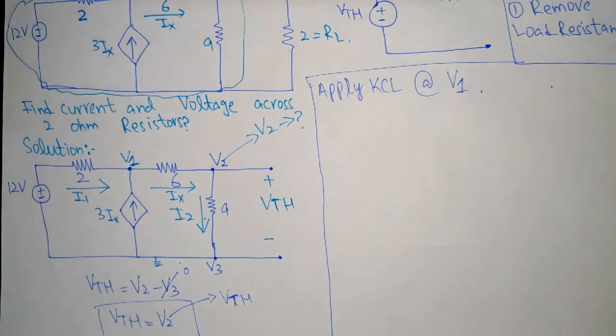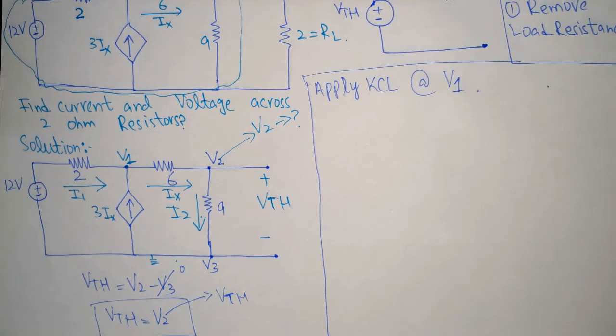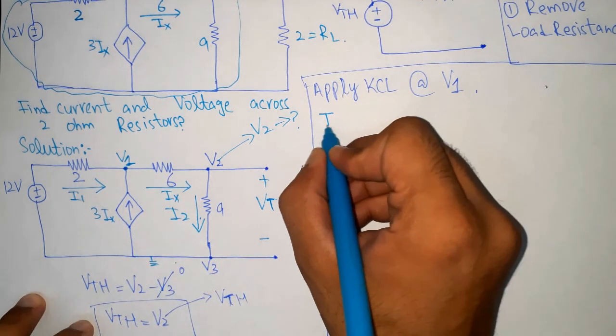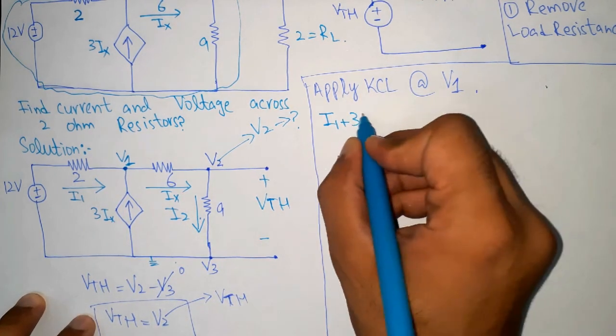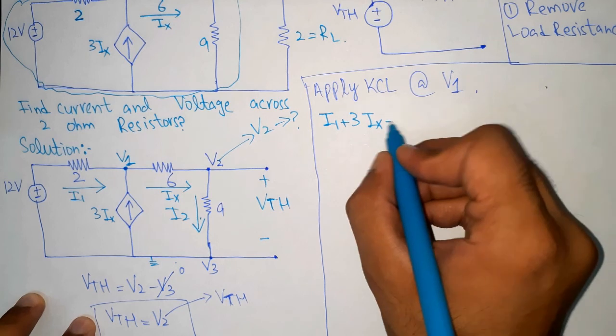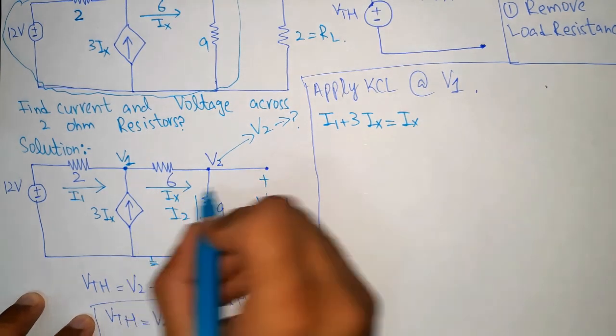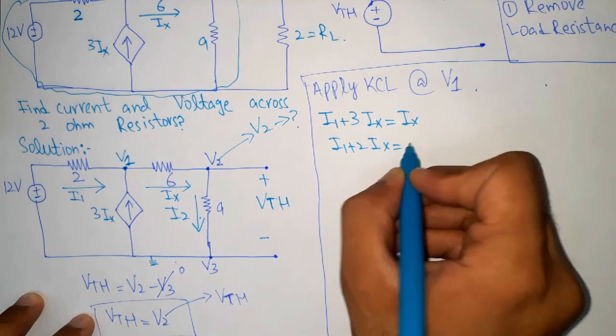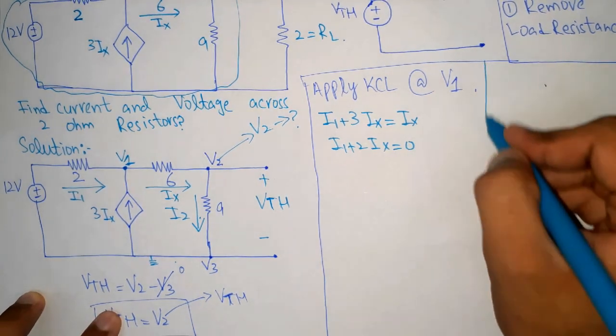Students, KCL says that the current entering a node must be equal to the current leaving the node. At node V1, there are two currents entering the node, I1 and 3ix, so I will write I1 plus 3ix, and the current leaving is ix. Simplified, I1 plus 2ix is equal to 0.